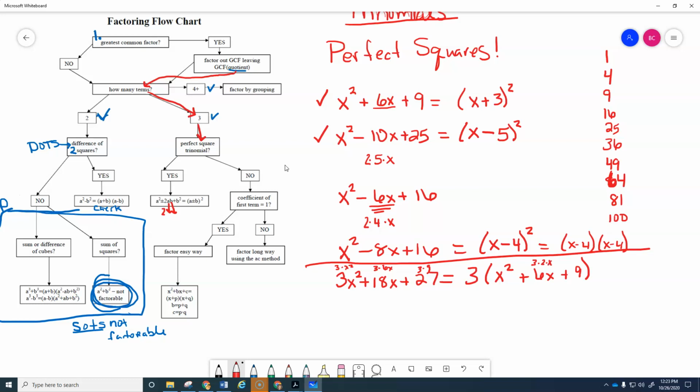So this is the root of x squared. This is the root of 9. So 3 times root times 2. So yes, this is a perfect square. Then how does it factor? 3 times x plus the root of that one, which is 3, squared.